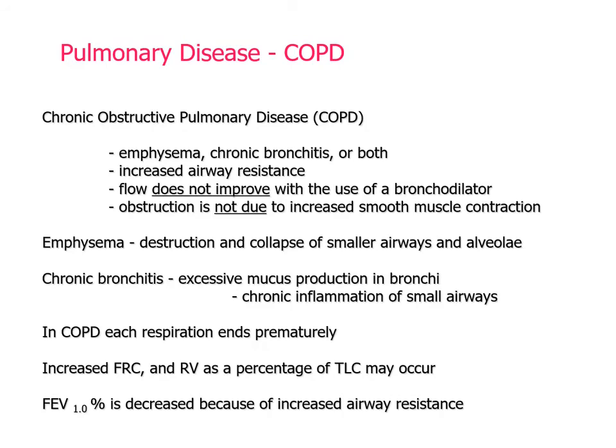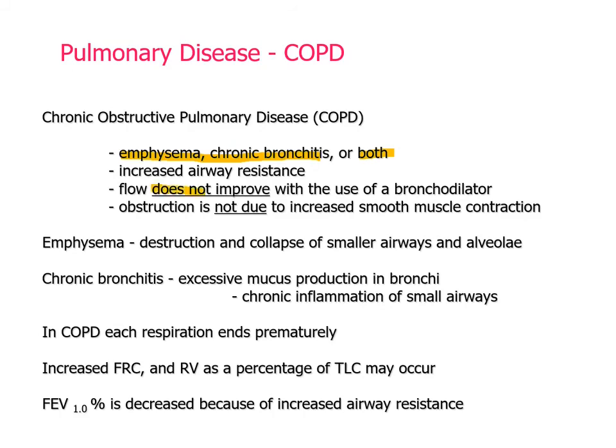So, asthma is an obstructive pulmonary disease. There are other pulmonary diseases that are obstructive. Chronic obstructive pulmonary disease includes bronchitis and emphysema. Some people unfortunately have both. Again, there's an increase in airway resistance, narrower airways, sometimes blocked with mucus.